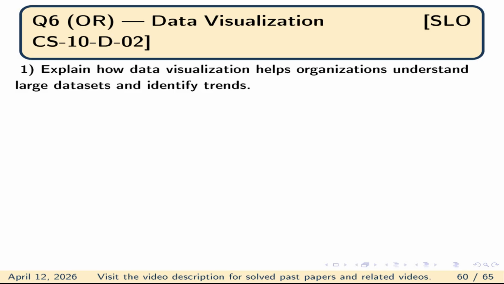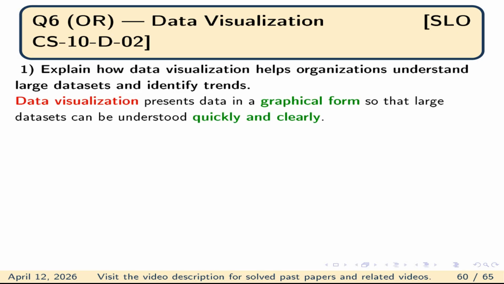Data visualization. Explain how data visualization helps organizations understand large data sets and identify trends. Data visualization presents data in a graphical form so that large data sets can be understood quickly and clearly.